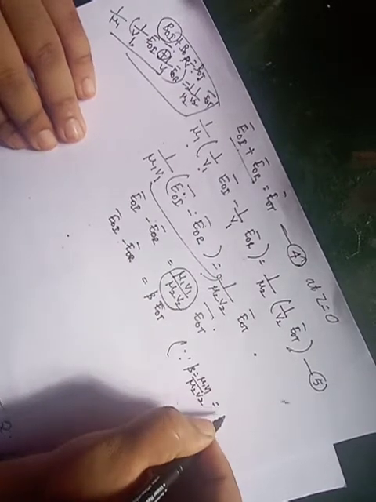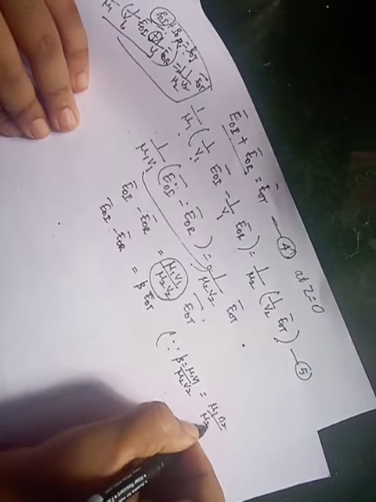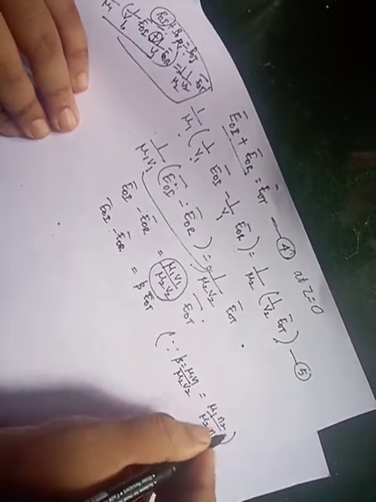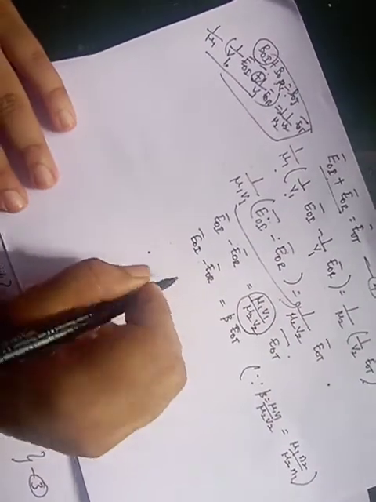In terms of refractive index we can write mu 1 N2 divided by mu 2 N1. So here V1 is N2, V2 is N1. So instead of this term we have written beta.